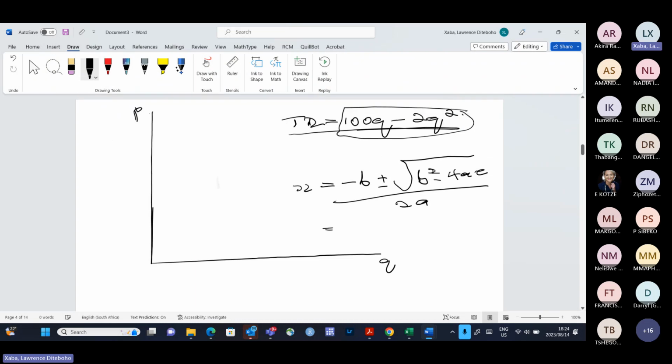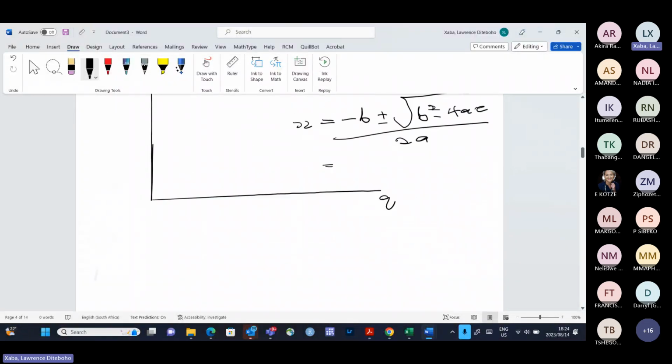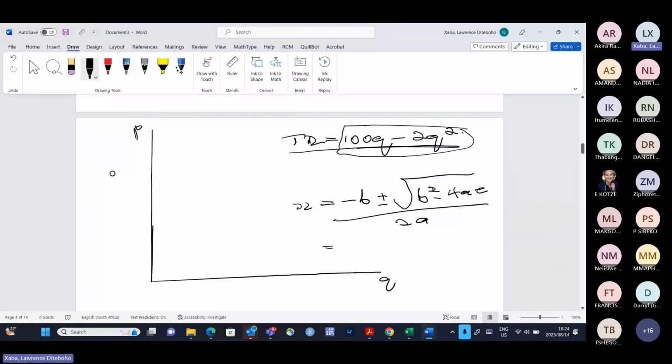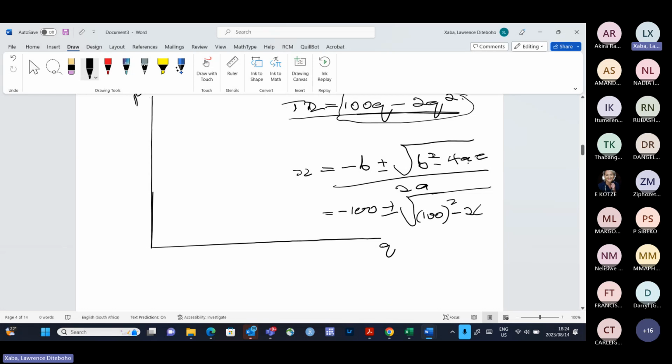So we say b, in this case, we don't have an intercept, so our b there will be negative 100, plus or minus the square root of b squared, minus 4 times a, which is negative 2, and our c is not there, so it's 0.